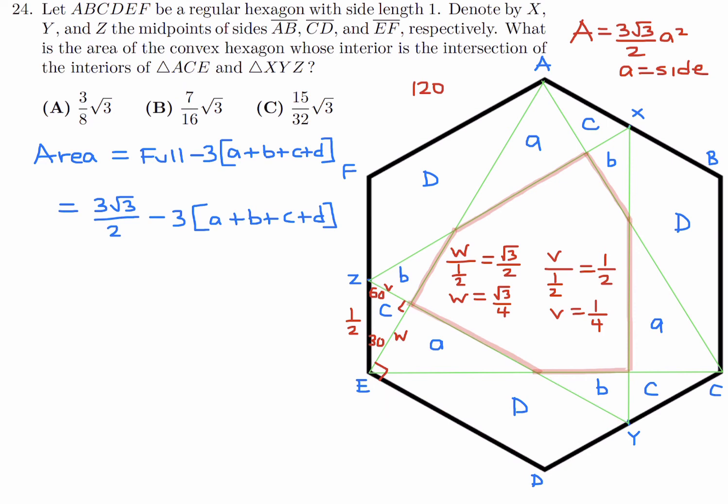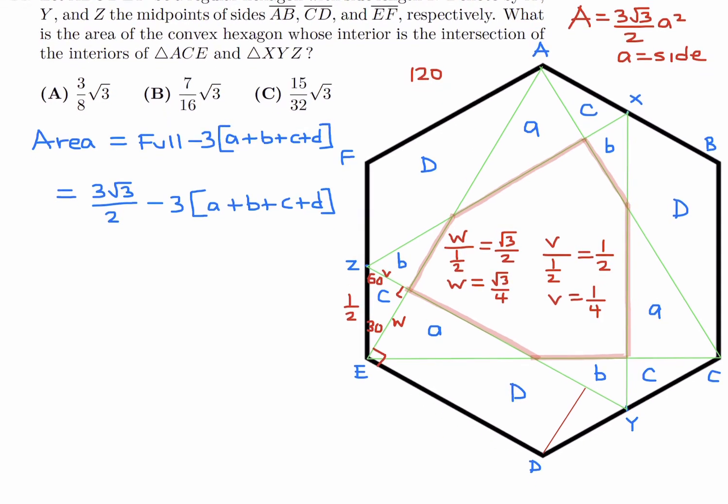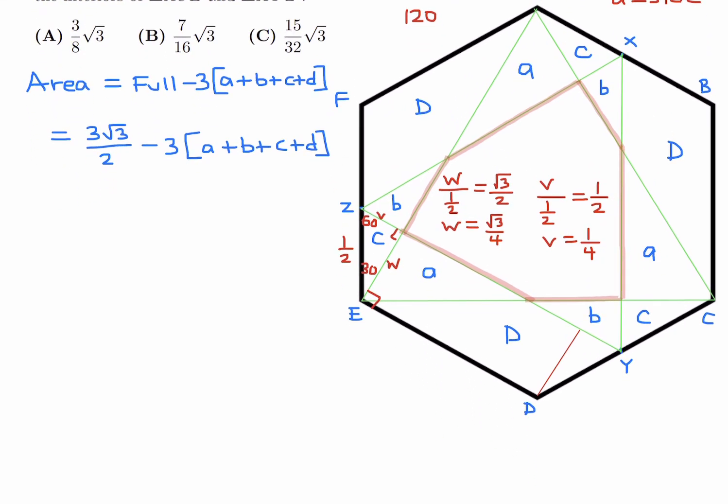If I draw a perpendicular from D to the other side, like that, hopefully that will make it clear to you that this side is equivalent to this, which is 1, the same as the side of the hexagon, plus V plus another V, since that is also going to be V due to the symmetry of the diagram.